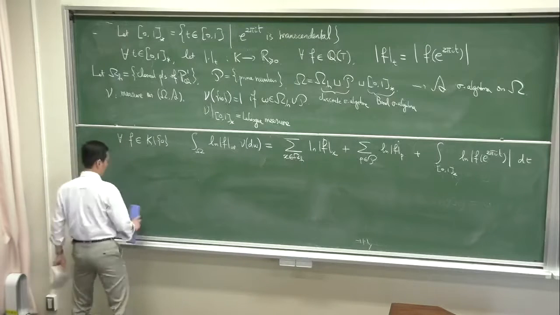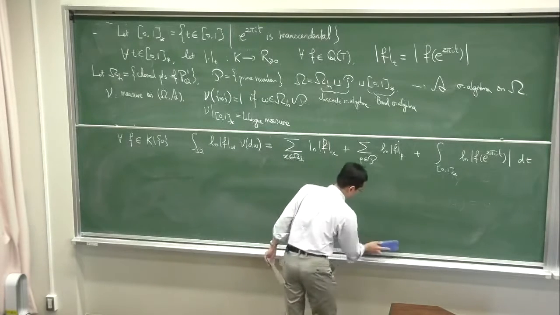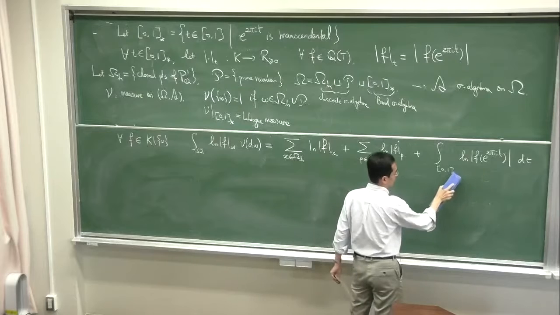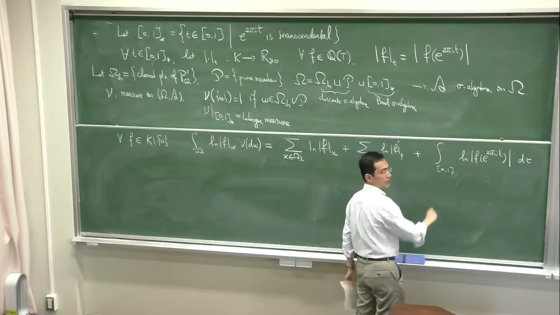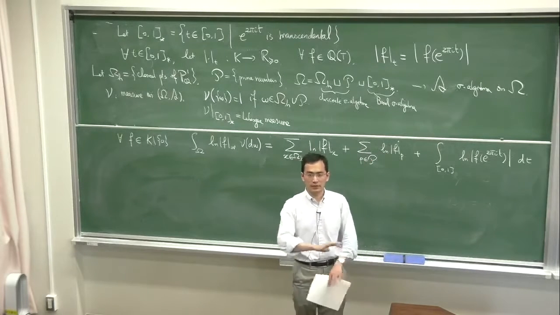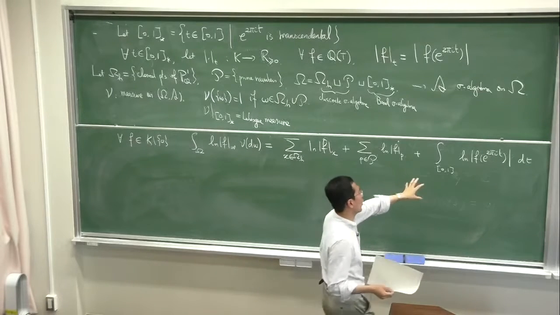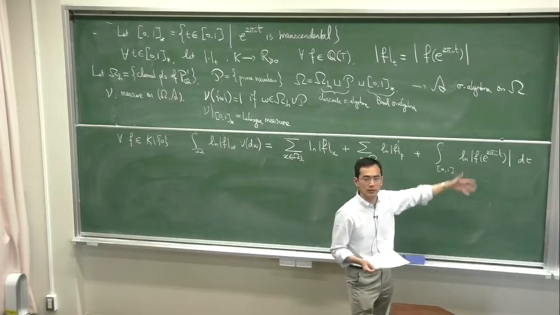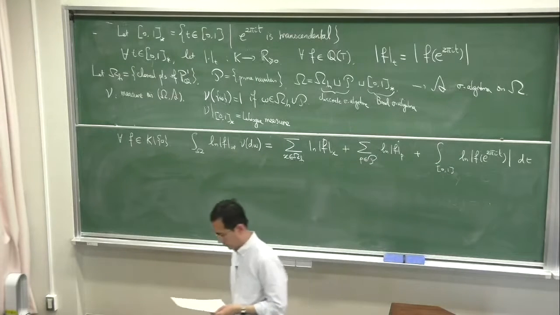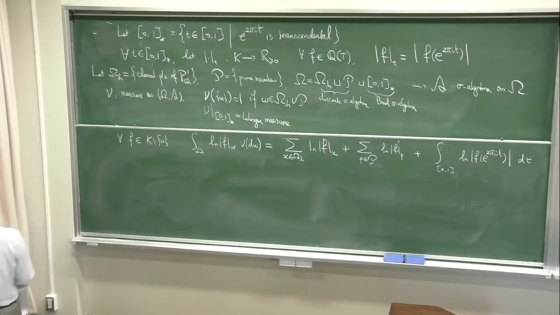Since we have thrown out only countably many points for the Lebesgue measure, there's no problem to replace (0,1)* by (0,1). So we consider the integral on the whole space. There's no problem because we just add a countable number of points.